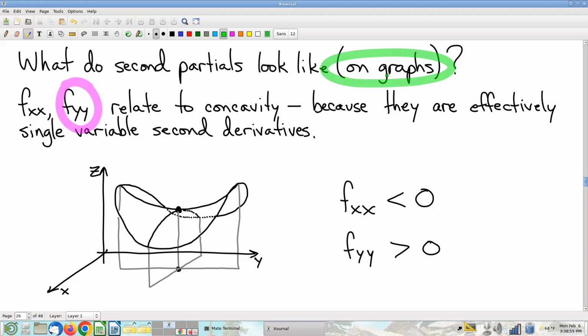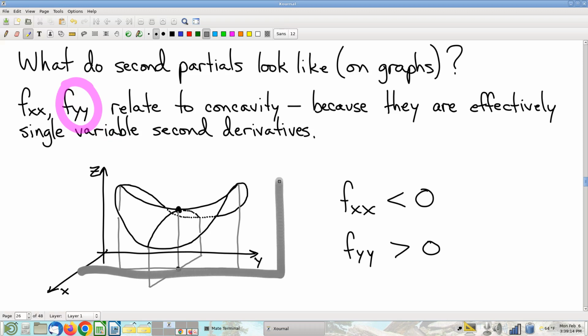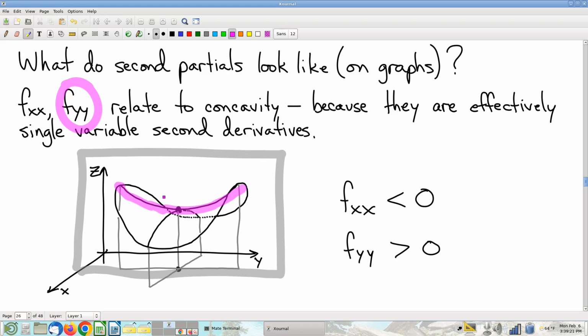Okay, on the graph context, let's think about how I compute f_yy. Well, the first thing I do is I hold x constant, and then notice I continue to hold x constant for both of the derivatives. So another way to say this is, step 1, I hold x constant. In other words, I take the cross-section and look just at this cross-section in that constant value of x plane.